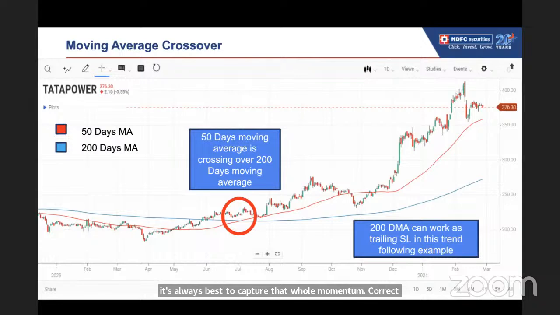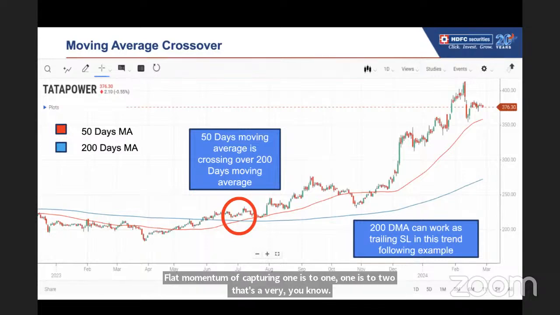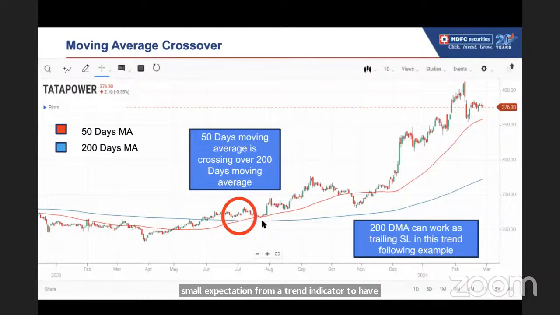That's a very small expectation from a trend indicator to have. Okay, but if you can, it's always best to trail based on some logic. So logic here comes out as a bigger moving average. Okay, so यहाँ पे आपके एंट्री के बाद just keep following the bigger moving average line.